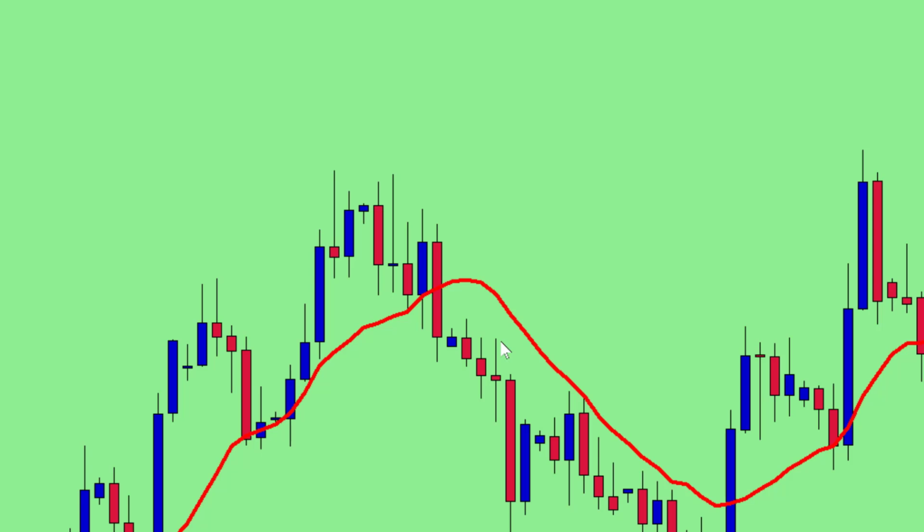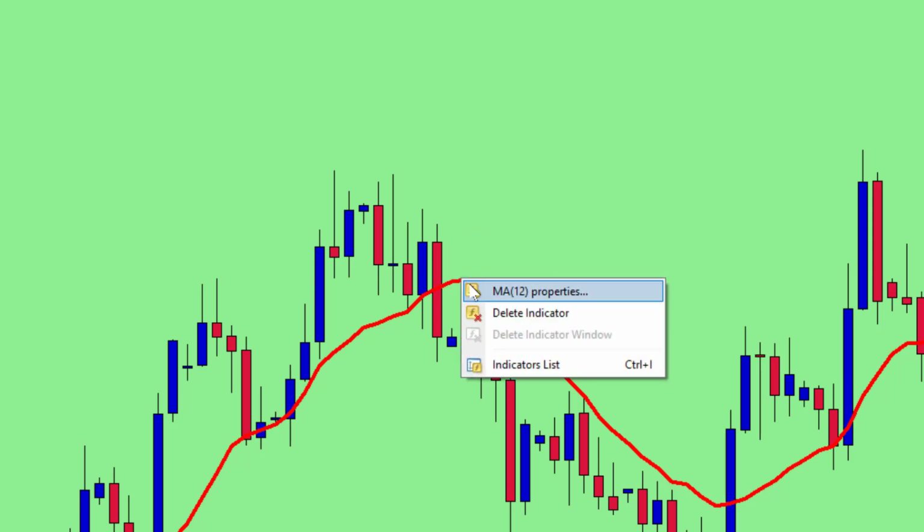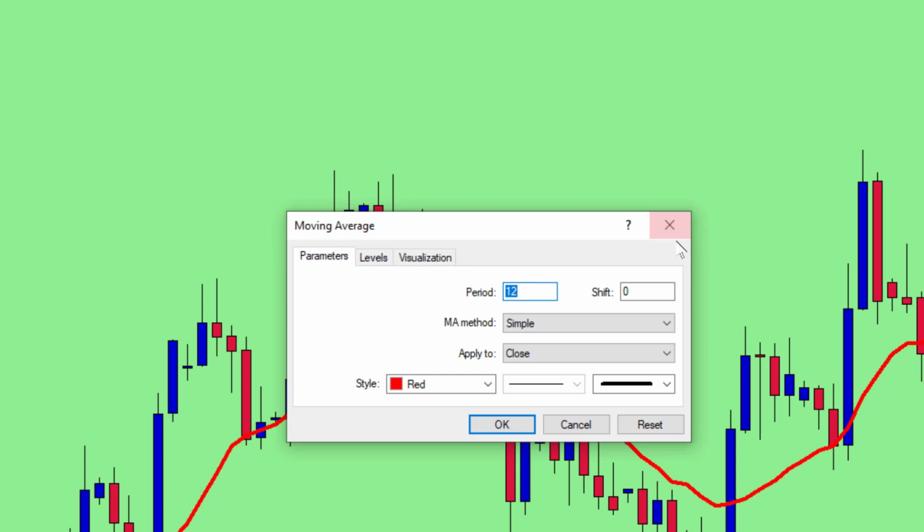So if I click on this moving average and we look at the properties, we can see that it's looking 12 bars back and taking an average of the price there, and therefore it's smoothing the movement of the price, and that is where the expression comes from, moving average. So it's always moving, it's always changing, and it's the average of a particular price.